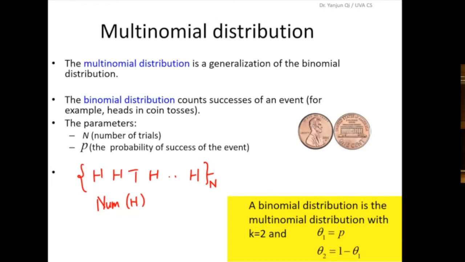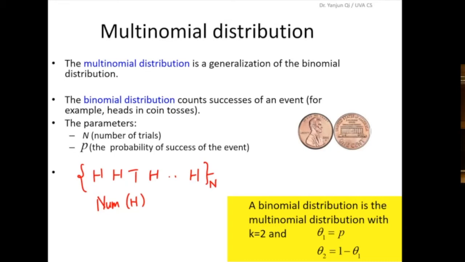Don't get confused with the Bernoulli. Bernoulli only represents the probability for a single coin flip: is it a head or is it a tail? And here we care how many times a head appeared over n coin flips.